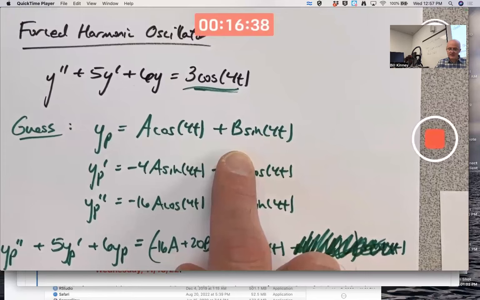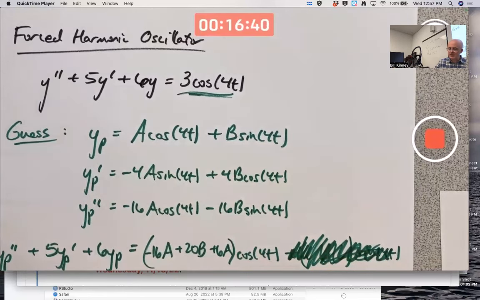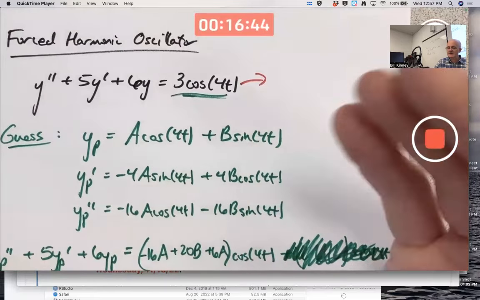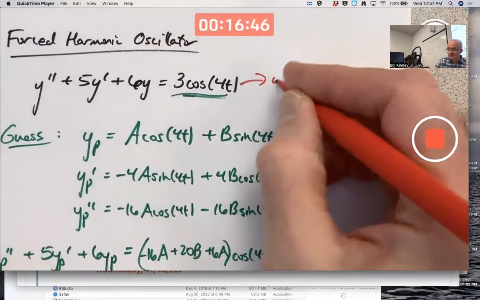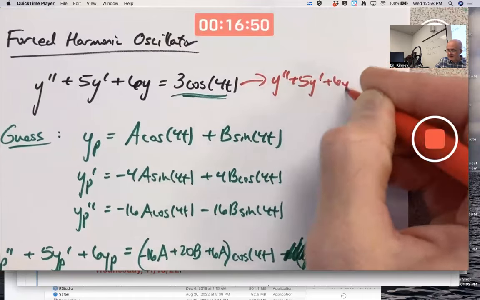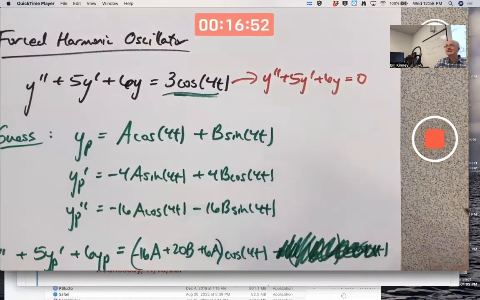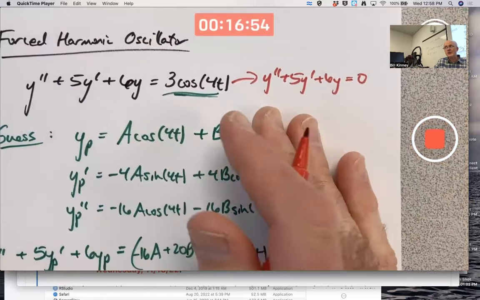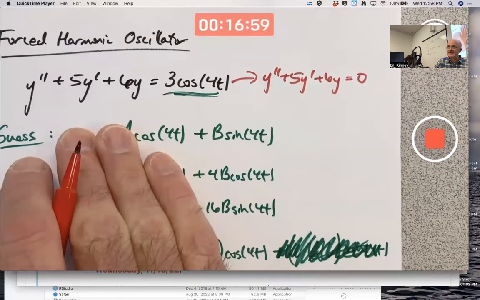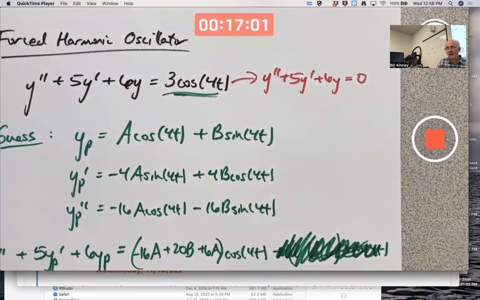To find the general solution, as usual with a forced equation, you have to consider the associated unforced equation, or associated homogeneous equation. Y double prime plus 5y prime plus 6y equals 0. It's not the same differential equation. It is a new differential equation, but the solutions of this are related to the solutions of that. That's the whole point about the theory of linear operators.